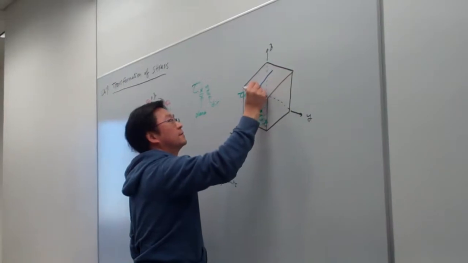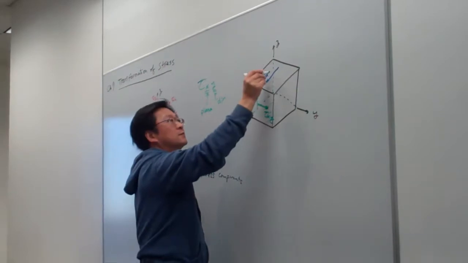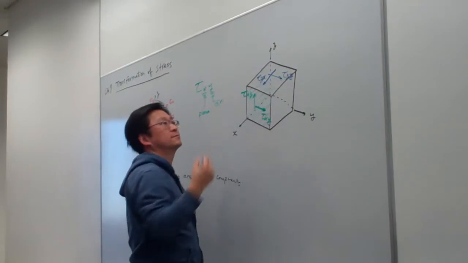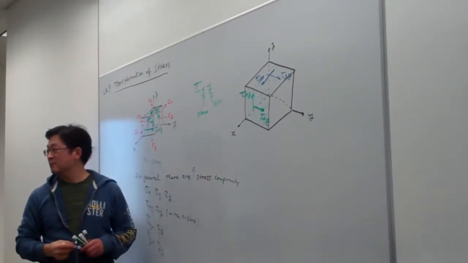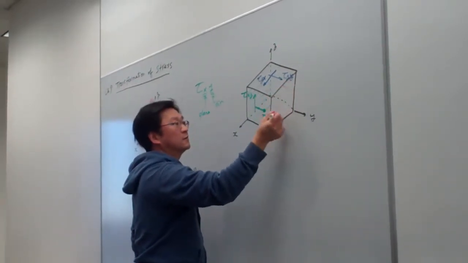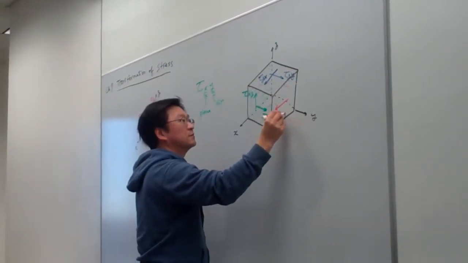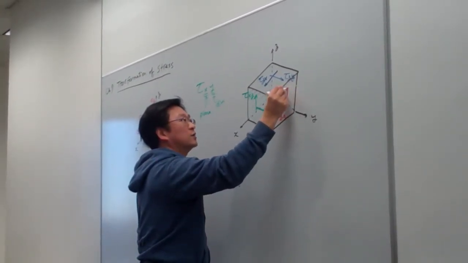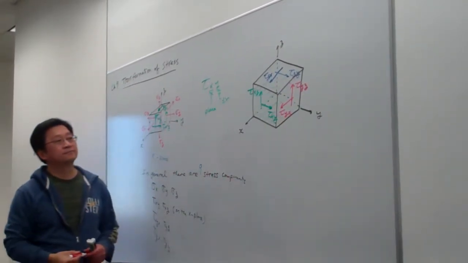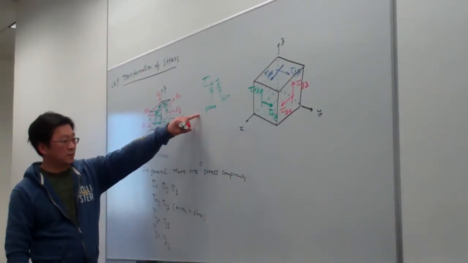And here is in z plane, pointing to x direction. This one is in z plane, pointing to y direction. Okay, and now we label the y plane here. So that is in the y plane, pointing to x direction, and in the y plane, pointing to z direction. Okay, so basically using these conventions.